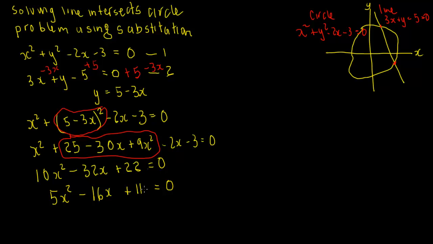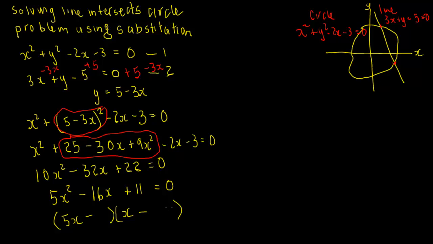If we look at the factors of 11, there's only two factors, 1 and 11. So we know that to solve our brackets, we're going to have 5x in here. We're going to have x in here. Both signs are going to be negative.